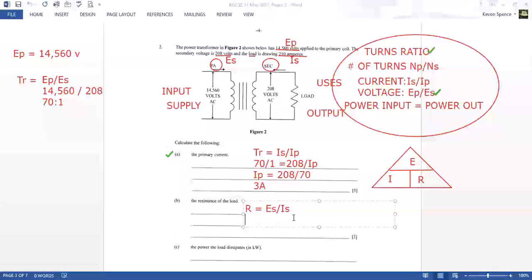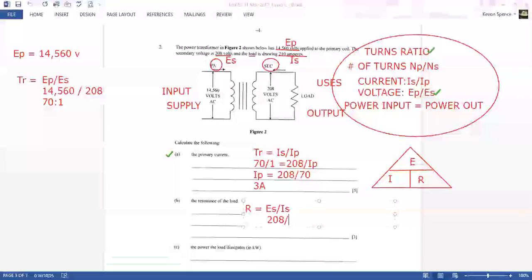Okay? We know from the question what IS is and what ES is, so we can just go ahead and plug values in.